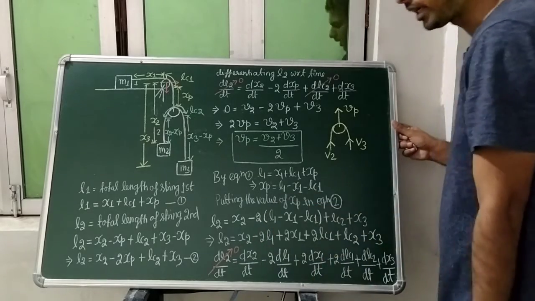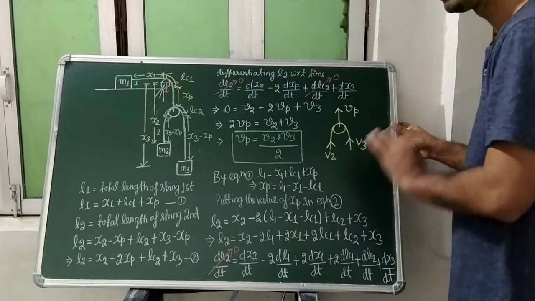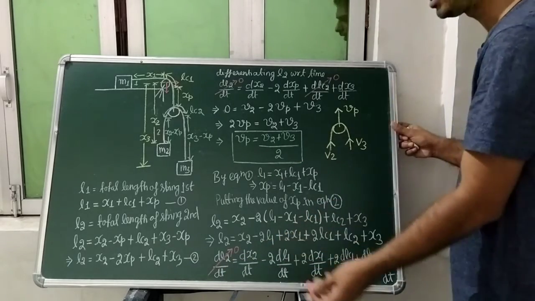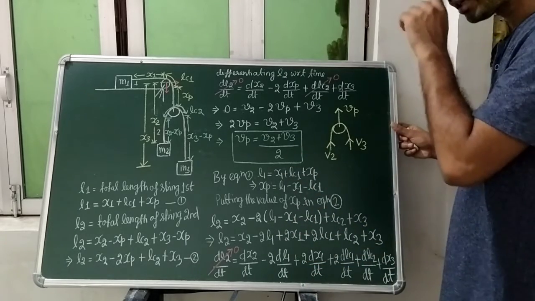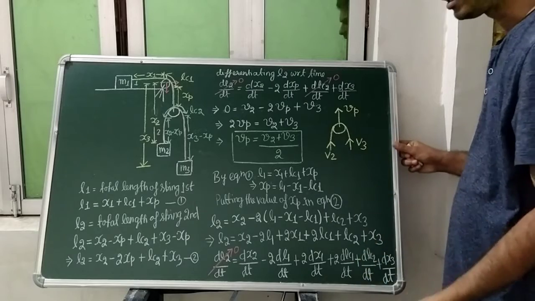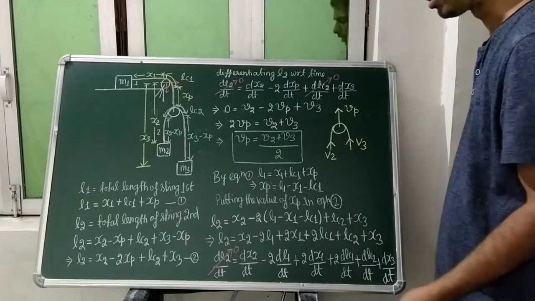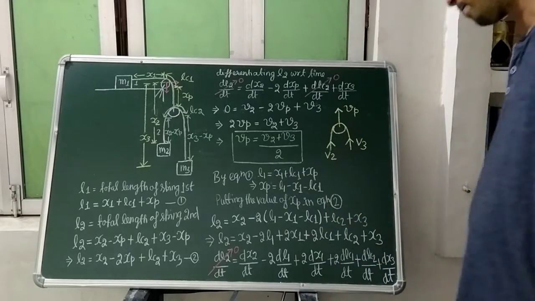Or in other words, we can say there should not be any kind of velocity present in the string, because it will represent the velocity. dl2 upon dt is the velocity present in that string 2, and since that string is inextensible, it can't be stretched, so there will be no velocity in that string, otherwise it will break down.